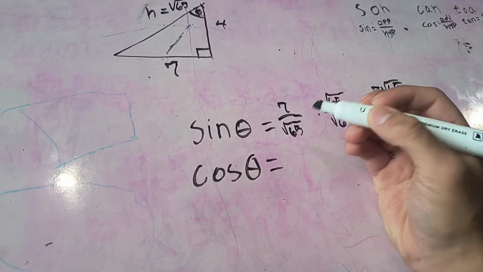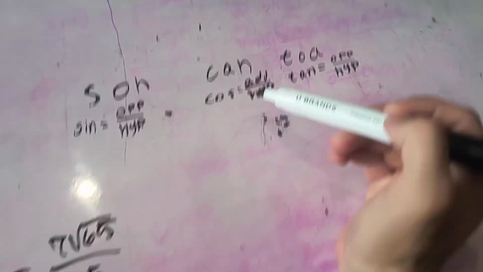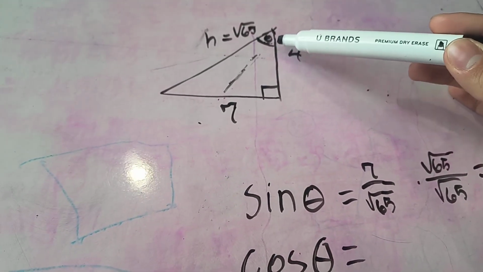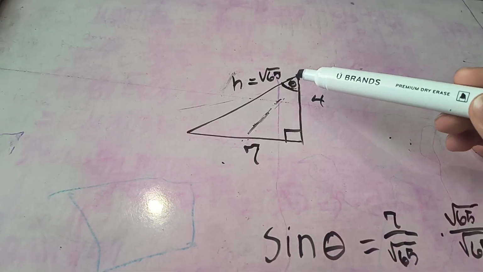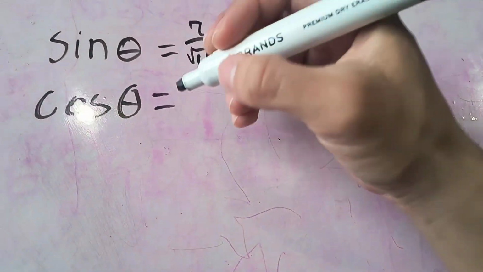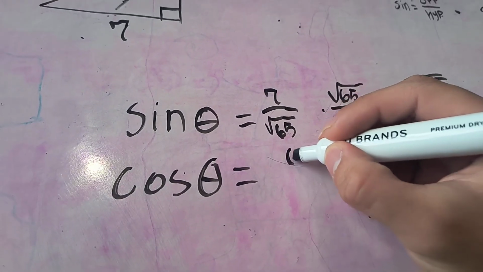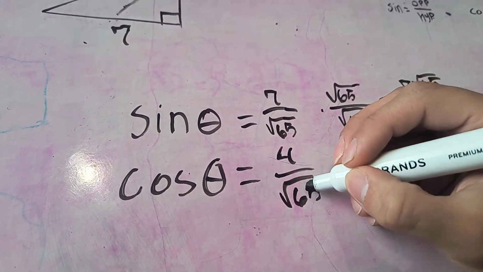Cosine of theta is equal to adjacent over hypotenuse. Well, the adjacent side is this side, because it's right next to the angle. And this is just the hypotenuse. So we have adjacent over hypotenuse, which is 4 over square root of 65.